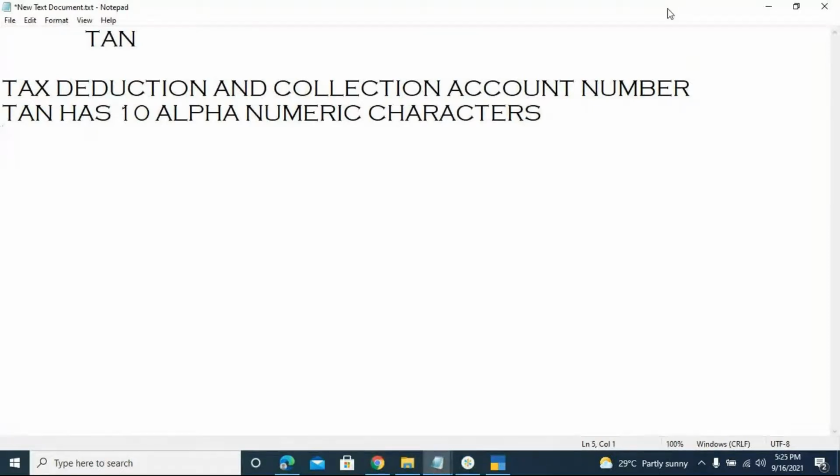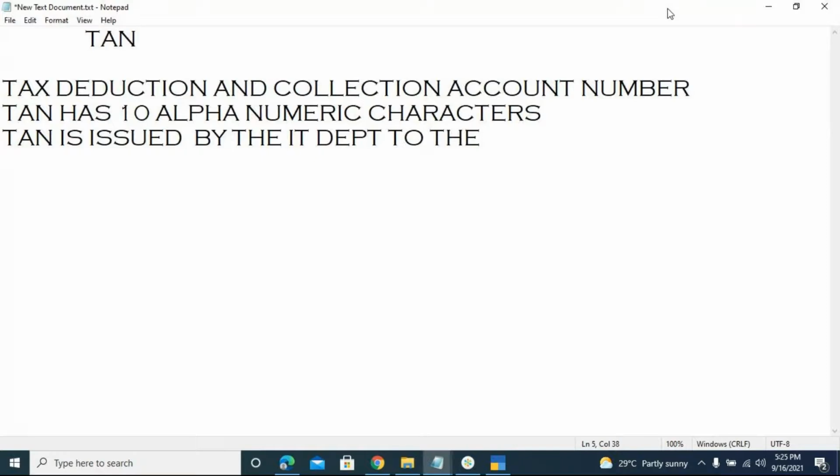Now, how does TAN appear? And who holds the TAN basically? TAN is issued by the Income Tax Department to the company, or if you want to define it, also as an employer.